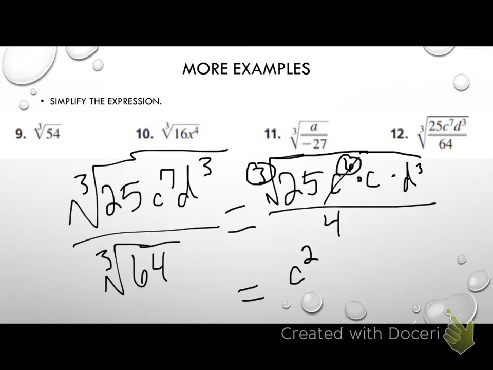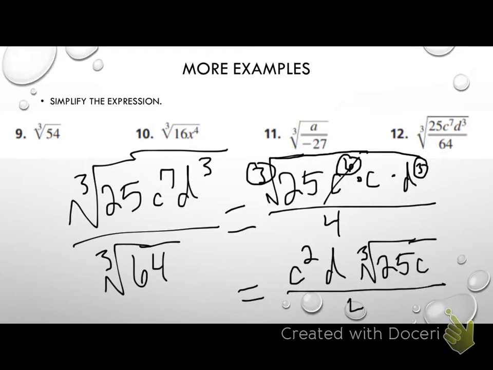I cannot take the cube root of c, so that'll stay. And then the cube root of d to the 3rd would just give me d, doing my exponent divided by my index. So that leaves 25c under my cube root. And then I still have 4 in my denominator. This fraction cannot be simplified any further. So here's my answer for number 12.